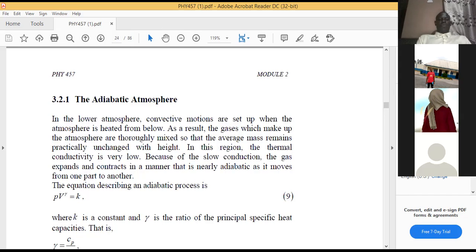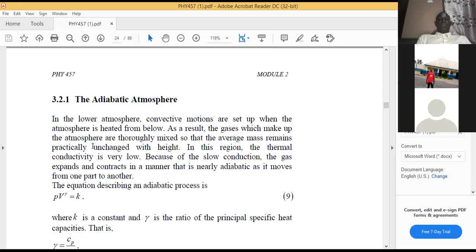You read that up. We said in the lower atmosphere, convective motions are set up when the atmosphere is heated from below. As a result, the gases which make up the atmosphere are gradually mixed, so that the average mass remains practically unchanged with height. So note this.